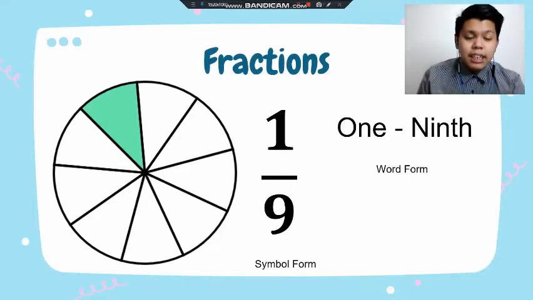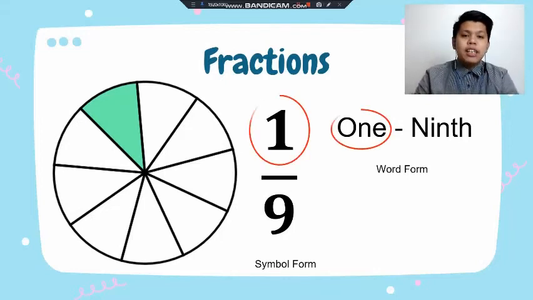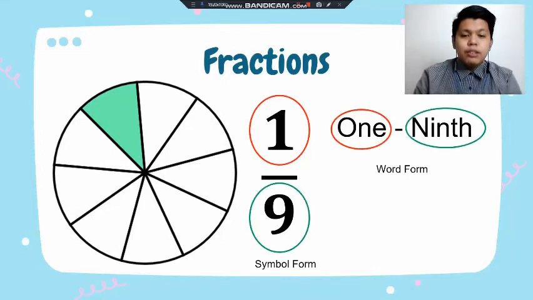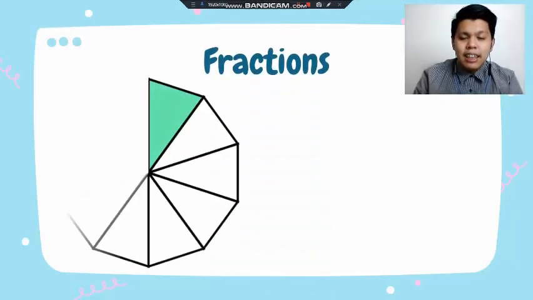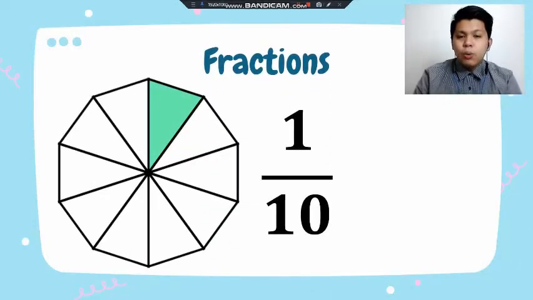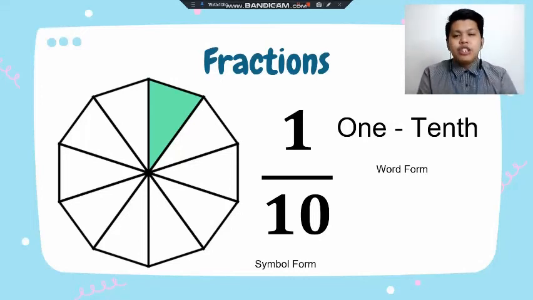So you spell it as NINTH. Got that? And of course, our last one, which is next to number 9, is our 10th. Okay? So 1/10, that is our symbol form, and our word form will be 1-tenth. That is how you spell.